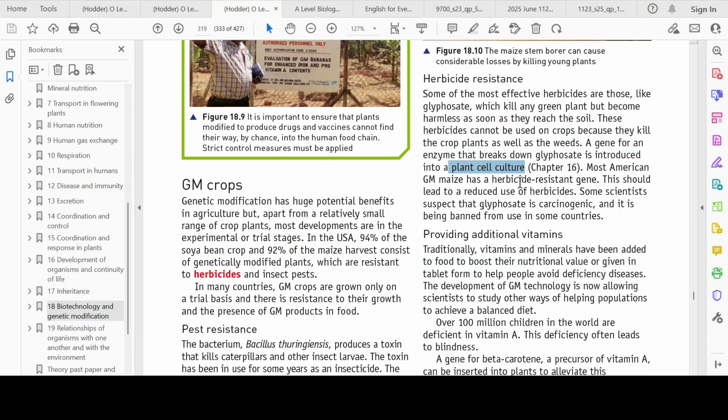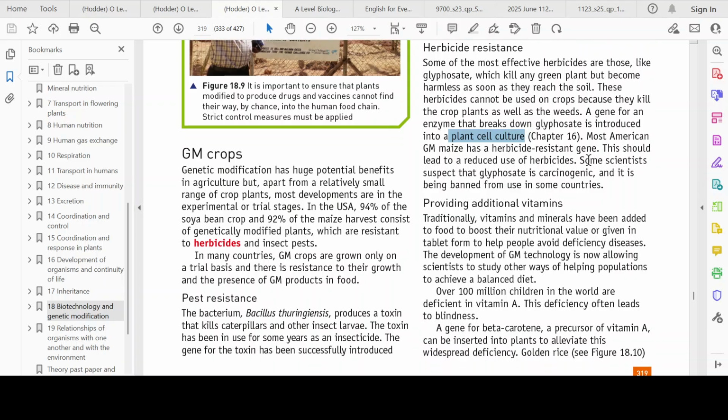And so this gives it resistance to the herbicide. And so what happens is, you've got these GM crops with the herbicide resistance, when you spray glyphosate in the field, it will kill all the weeds and other plants that you don't want. But this plant, because it is resistant, it can break down the herbicide into harmless products. Then, right, it will survive.